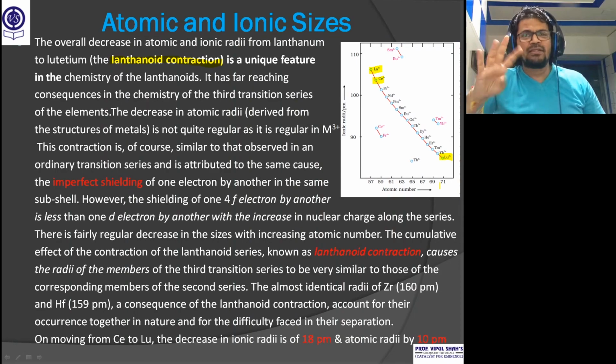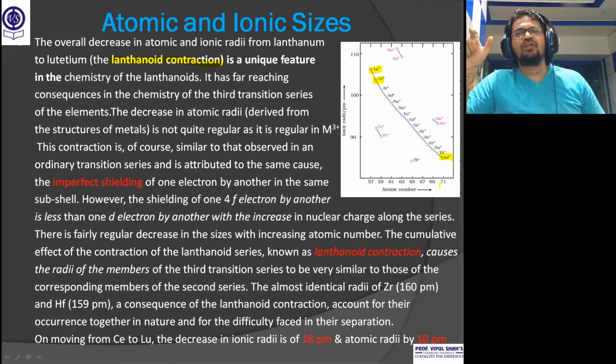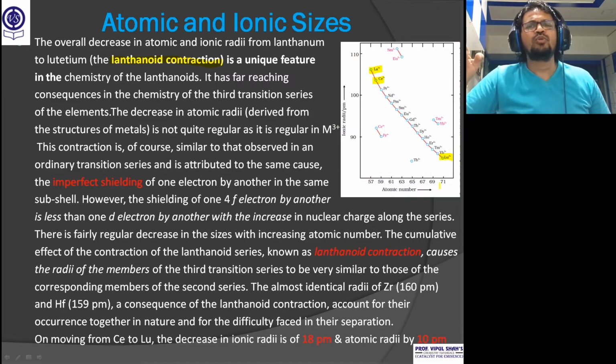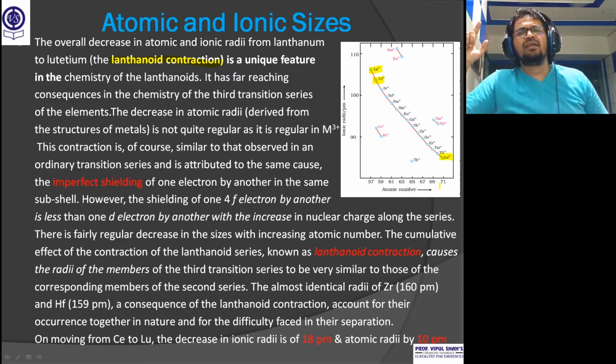The 4 pairs: zirconium and hafnium, molybdenum and tungsten, technetium and rhenium, and niobium and tantalum. They have similar size due to a very small gradual decrease in the atomic and ionic radii. That's called lanthanoid contraction. So the decrease is very small due to the poor shielding of the f electrons. That's what is explained here.